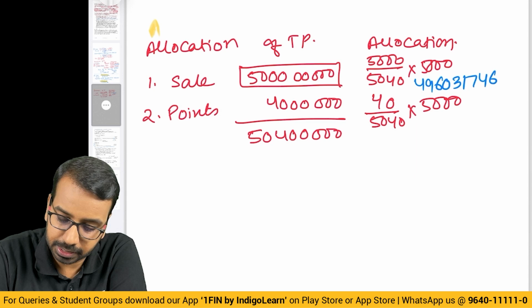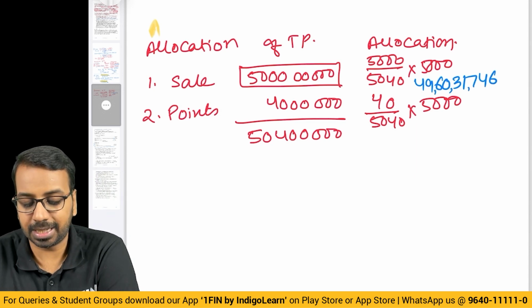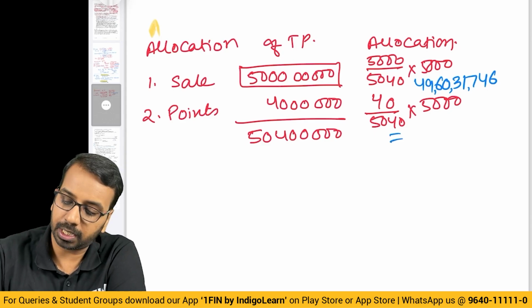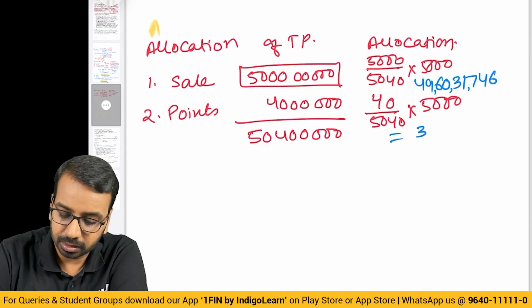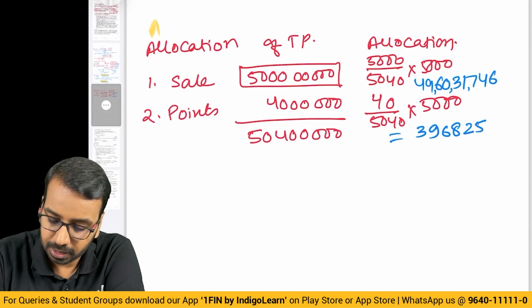I think I have taken the right numbers. 49 crores, 60 lakhs, 31,746. That is the revenue. And for 40, if you press, you get 3,96825.